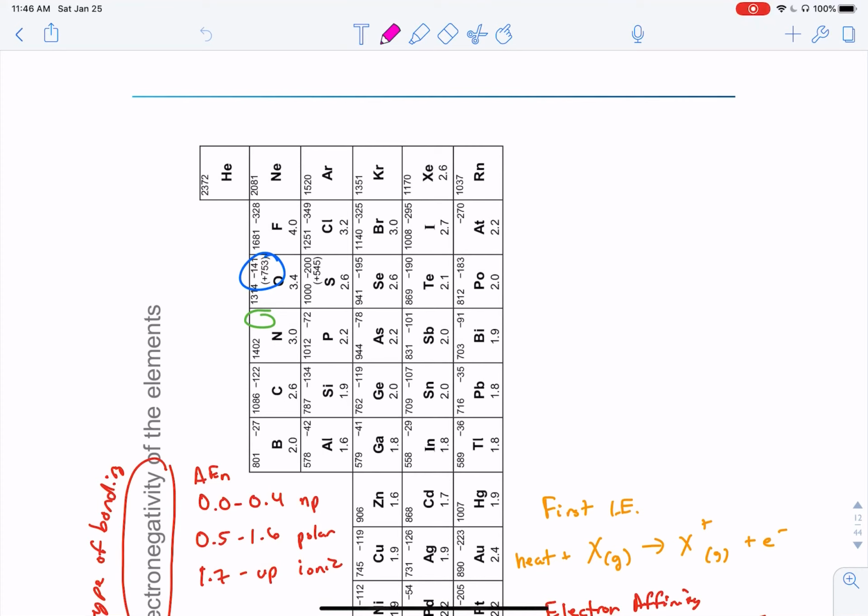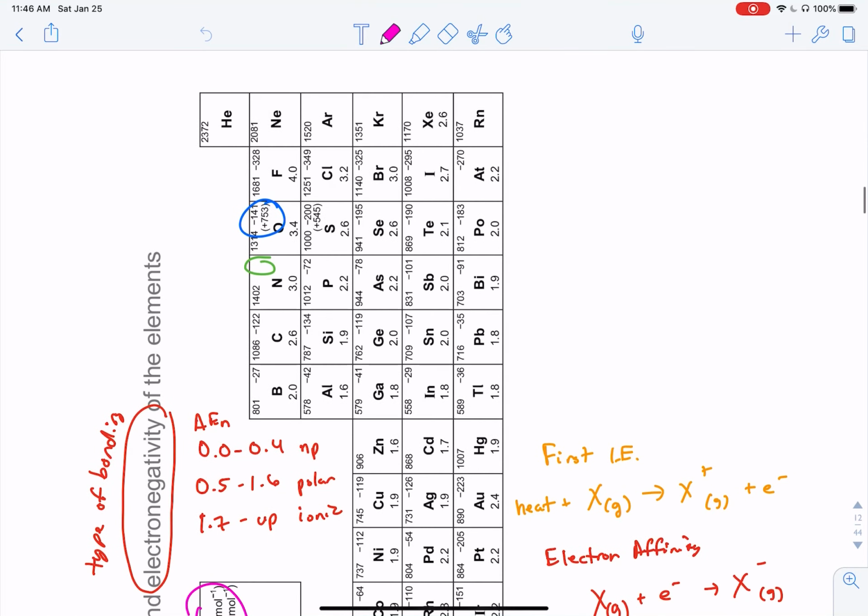If you're doing it right, they all should add up to the same number. But you cross it out because it wasn't as close to zero as possible, Marcus. You want everything as close to zero as possible. So here, N is 3.0, S is 2.6.